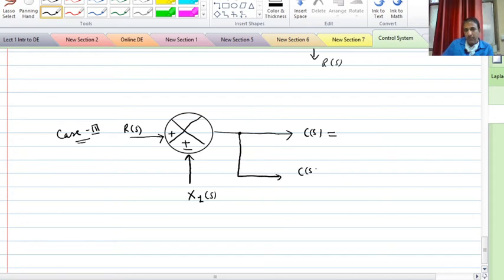Cs will be Rs plus minus X1s. Now if we want to shift this takeoff point from this position to this position, then what necessary changes are required?